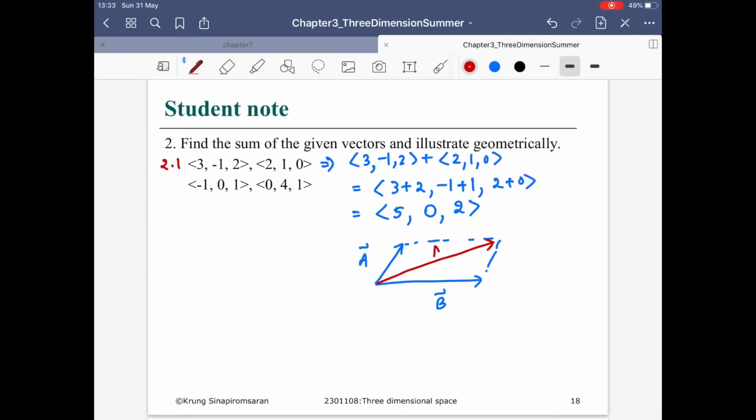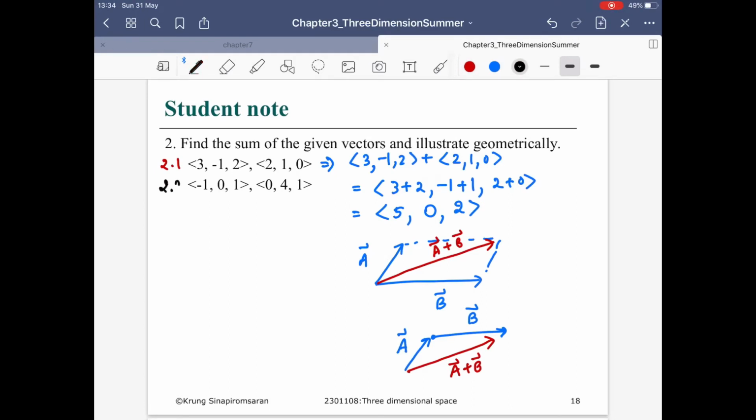So here is a plus b, just like this. Or if your a is like this and the initial point of b is the same as the terminal point of a, then complete your triangle, and here is your a plus b as well. So it depends on how you represent it using the picture.